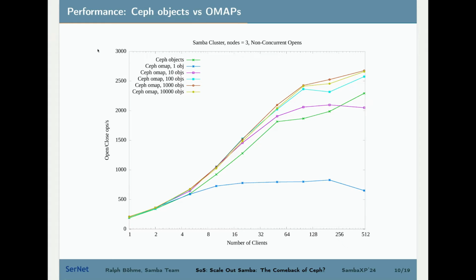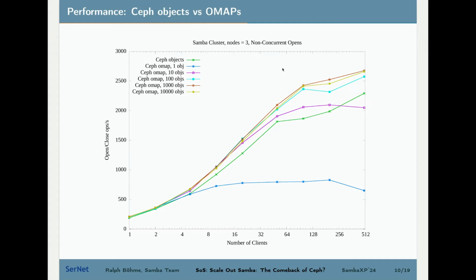That's what I've been told, and we can see this from the numbers: increasing the number of objects that you put in the request when you want to store a record in a Ceph OMAP scales to some extent. And there seems to be, at least in these tests, an optimum at something like 1,000 objects. And then it goes down again a little bit. I haven't tested larger numbers that could be possible.